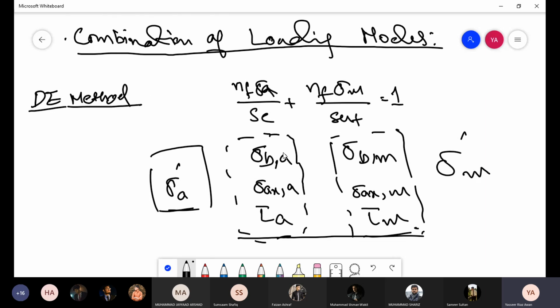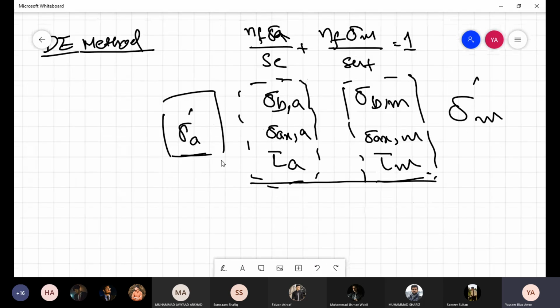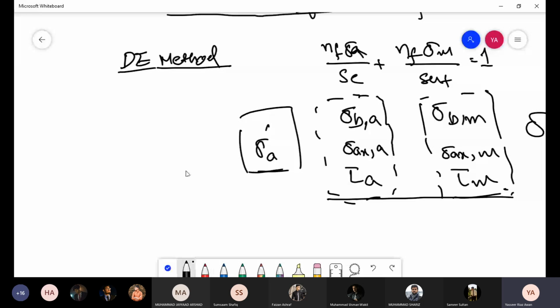So we need an equation to combine these into a single term, and we use the distortion energy equations to combine these three into a single term. Experiments have proven that this is on the conservative side. We combine these three using the distortion energy equation and then use the modified Goodman diagram same as before. The rest of the procedure remains the same as before. We just combine these loading modes into a single term.